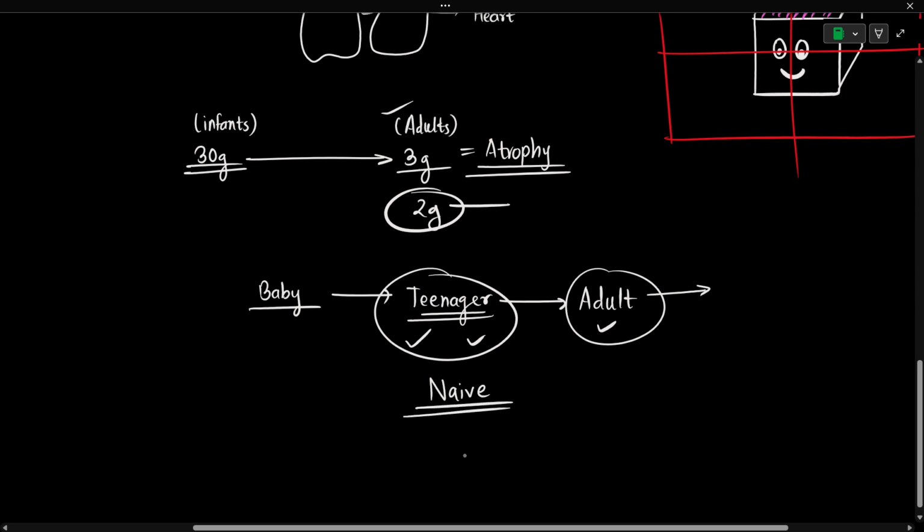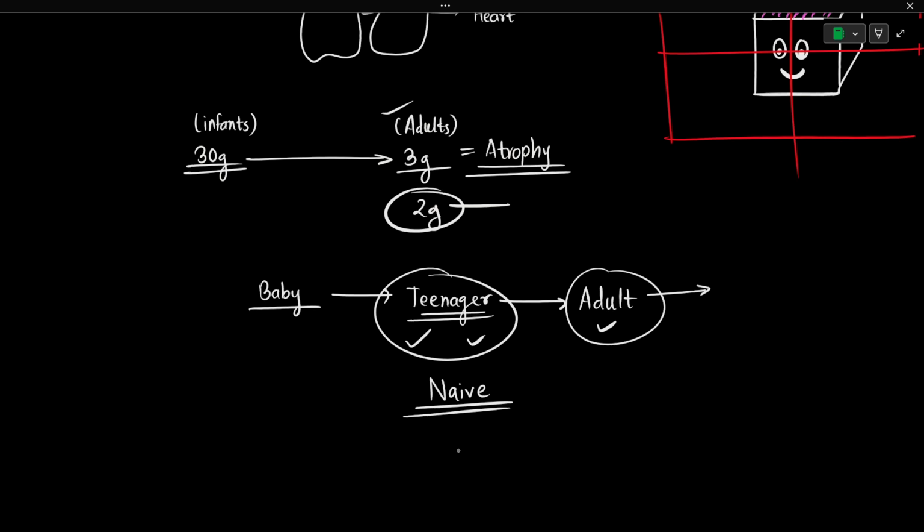In the same way, the T cells get matured and have fully functional receptors. They start expressing fully functional receptors in the thymus, and this process is known as the maturation process. But they are not activated yet. They haven't seen antigen in their life till now.